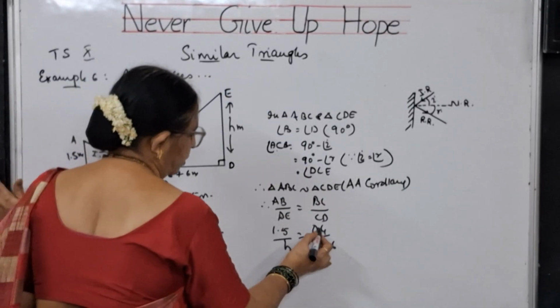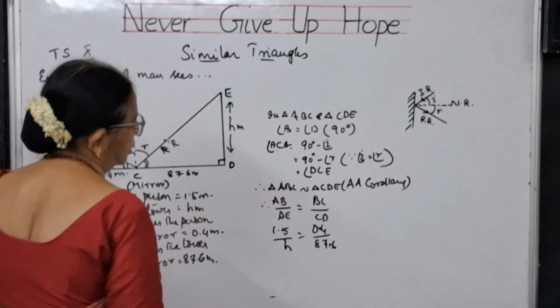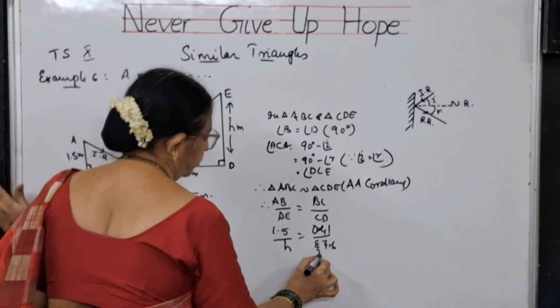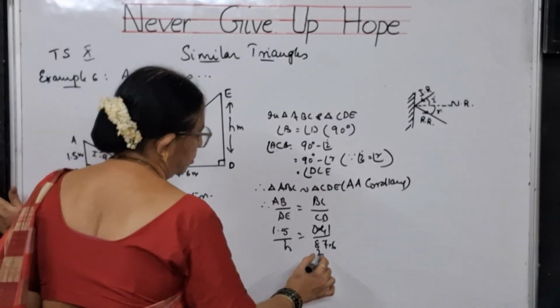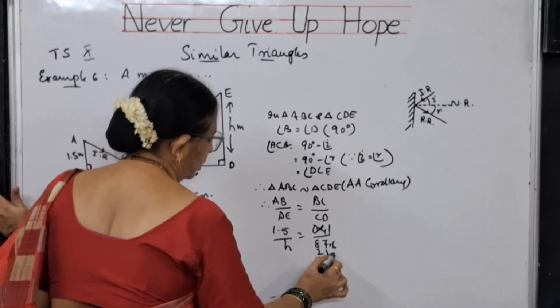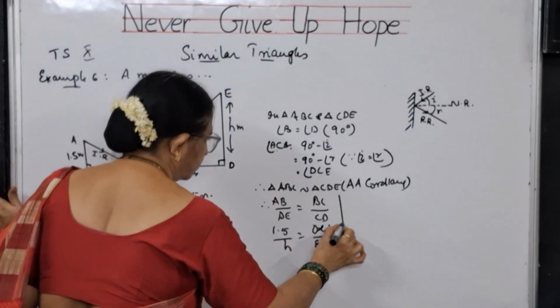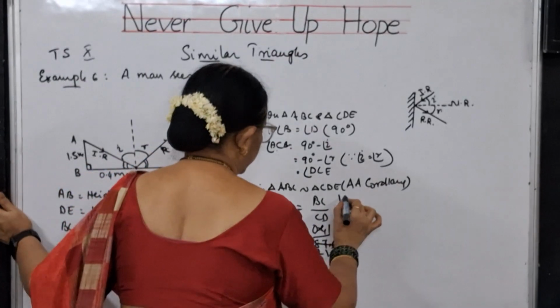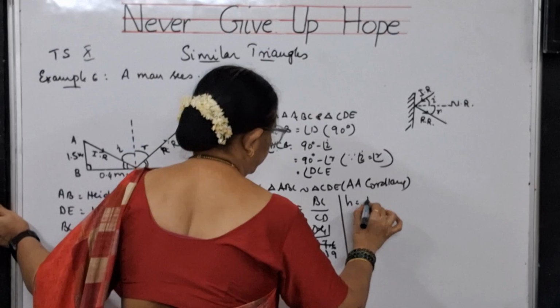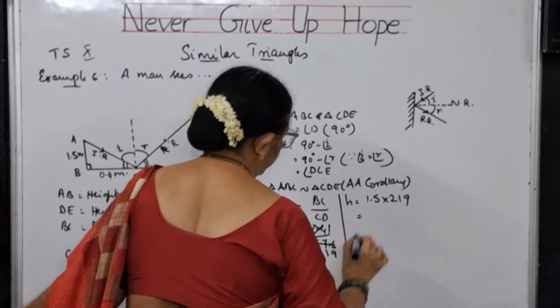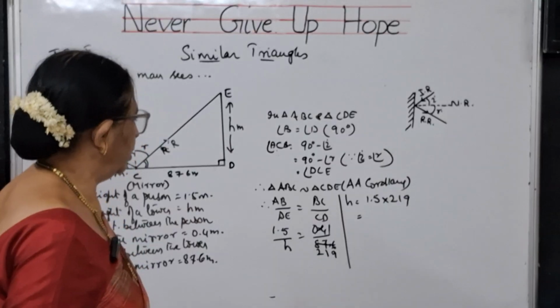So the decimal you can cancel. 4 ones are 4, 4 twos are 8, 4 ones are 4, 4 nines are 36. So H is equal to 1.5 into 219.